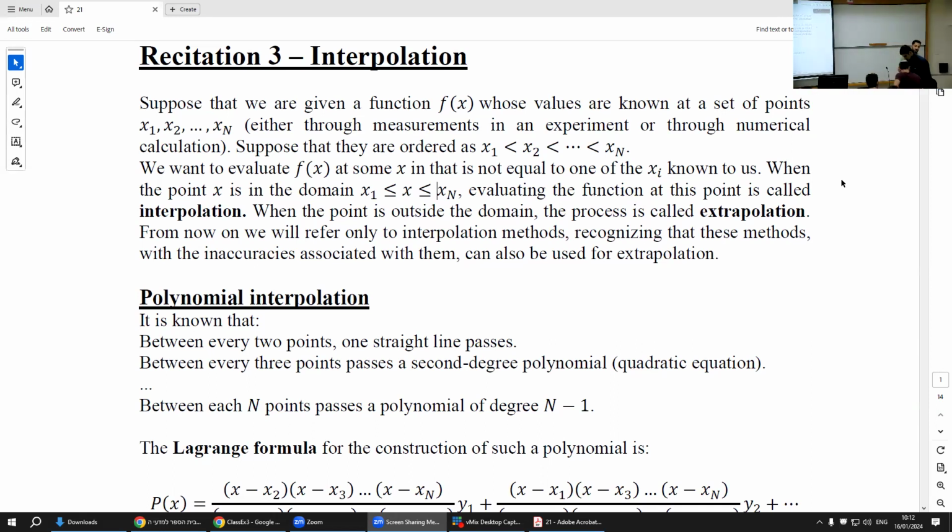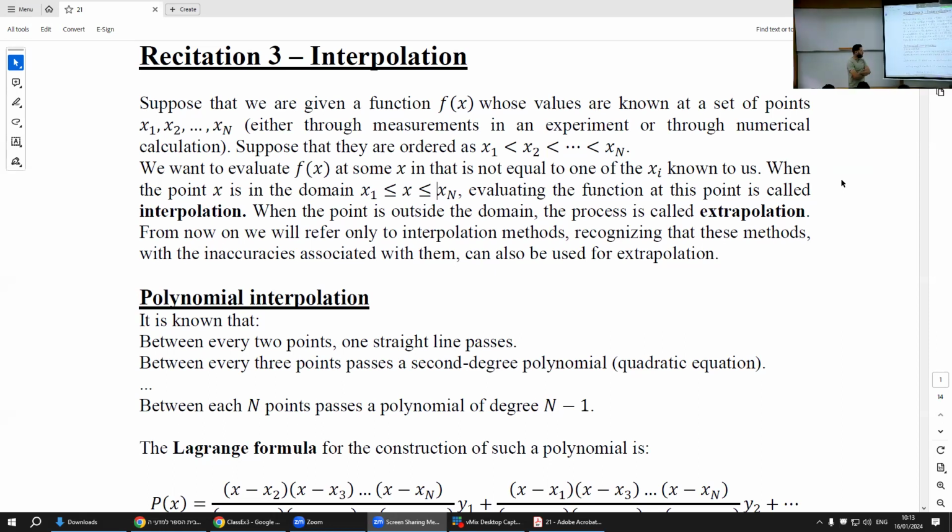Here in interpolation, we know that the function passes through these points. So we demand that the function that we build, the interpolating function, passes through these points. So we have endpoints, and the most simple way to build a function is to build a polynomial of order n-1, which is the Lagrange polynomial.